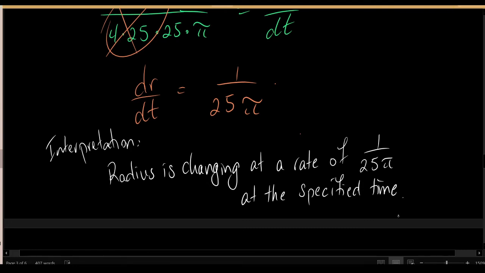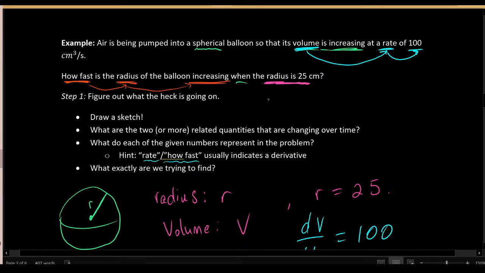If we want to be really careful, we can give this interpretation using units. Looking at this problem, I notice that radius is being measured using centimeters. And the only mention of a time unit is where it says cm cubed per second.